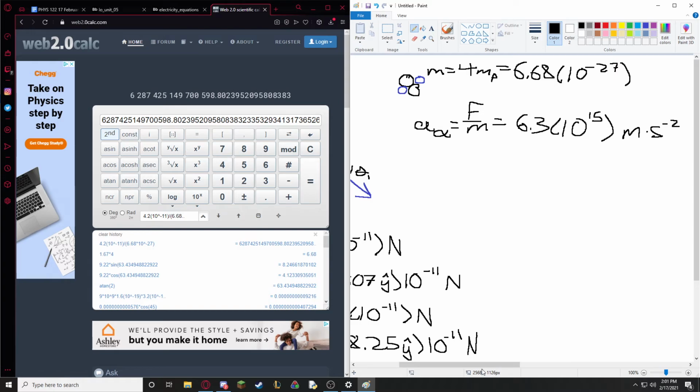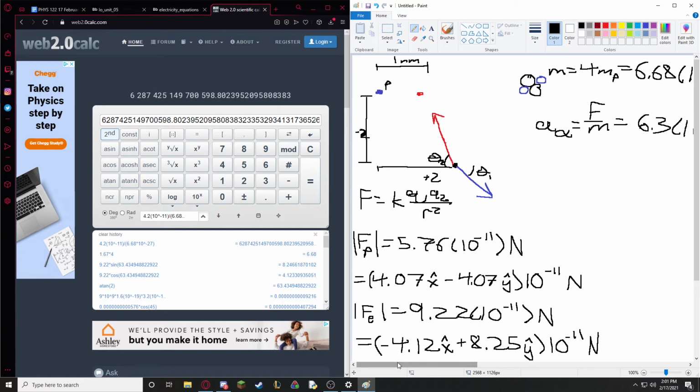Nothing about this process is inherently complicated or difficult. It just gets annoying where you have to calculate a value, break it down into x and y components, add your x and y components together, and then put those back into a magnitude. And some people can struggle with that.